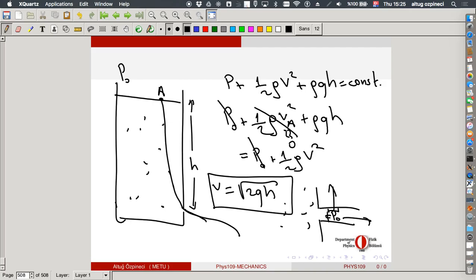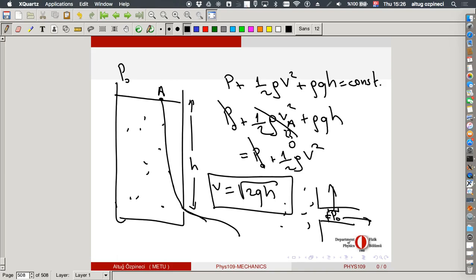Well, because there is a huge amount of water and the leak is very small. Of course, you can take into account the speed at the top. You can include the speed at the top and correct this expression.